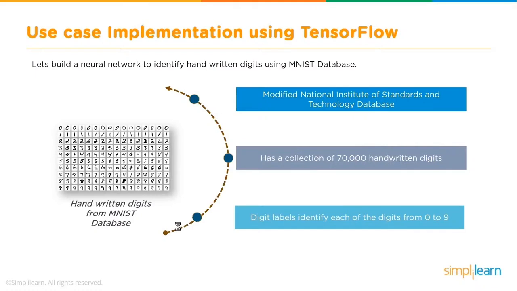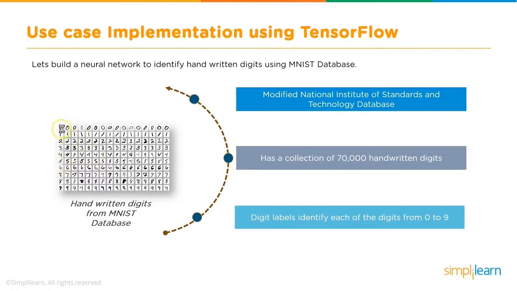Initially, when people want to learn about deep learning and TensorFlow, this is the database that is used. It has a collection of 70,000 handwritten digits, and a large part of them are for training. Then you have test, just like in any machine learning process, and then you have validation, and all of them are labeled. So you have the images and their labels, and these images look somewhat like this.